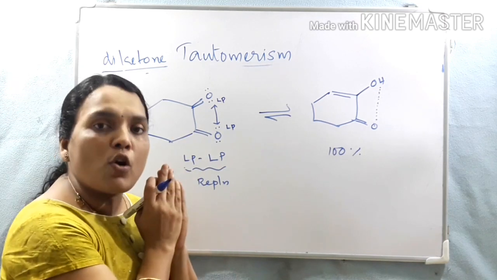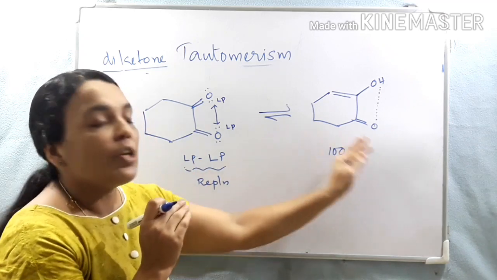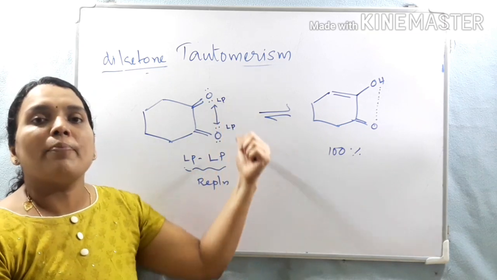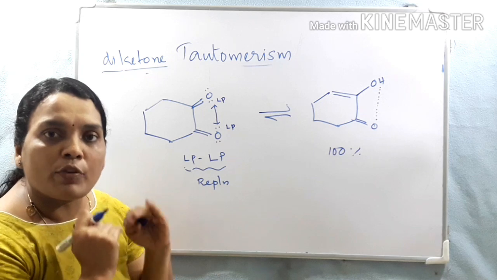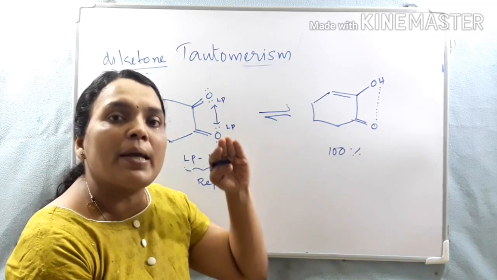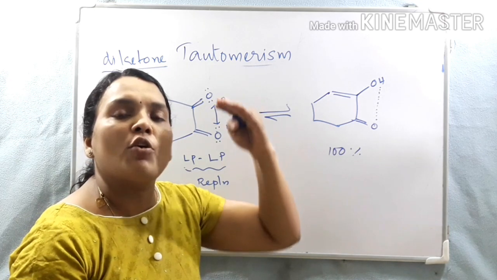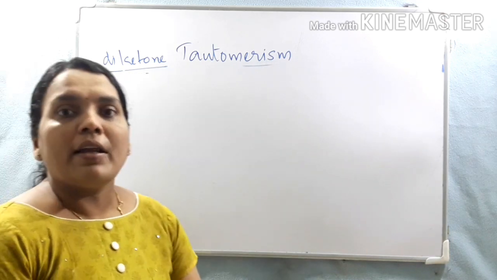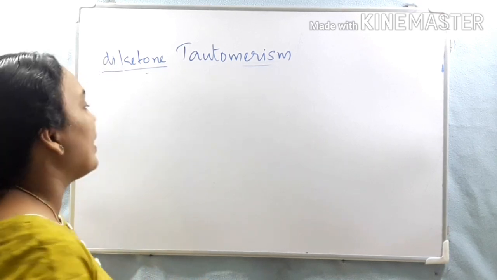But in the case of a closed system, enol form is more stable because in a closed system there is a possibility for lone pair repulsion. That is why the stability of keto form decreases, and in the case of enol form there is a possibility of intramolecular hydrogen bonding. So the stability of enol form increases. Okay. Now let us see the case of 1,3-diketone.